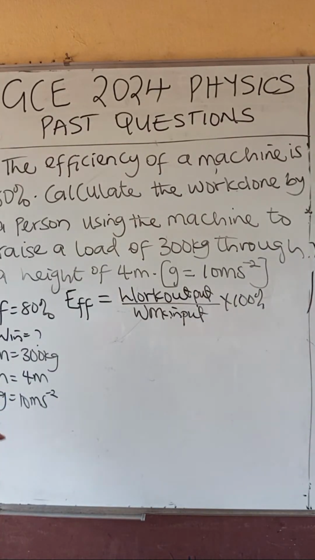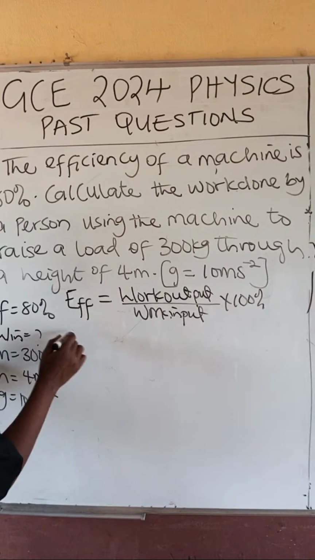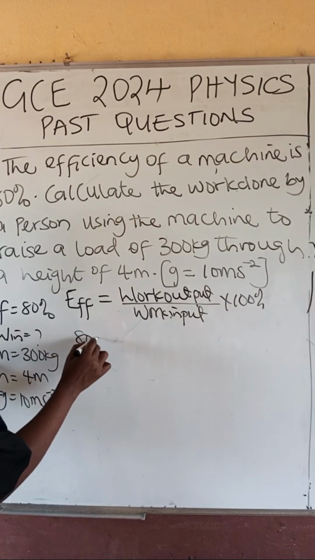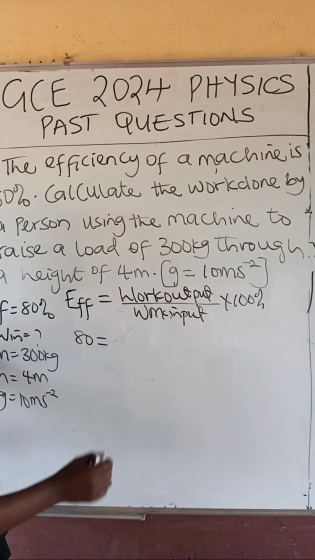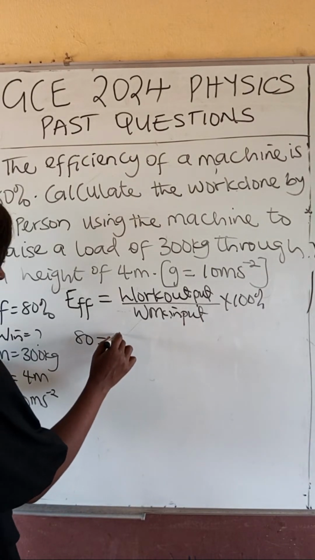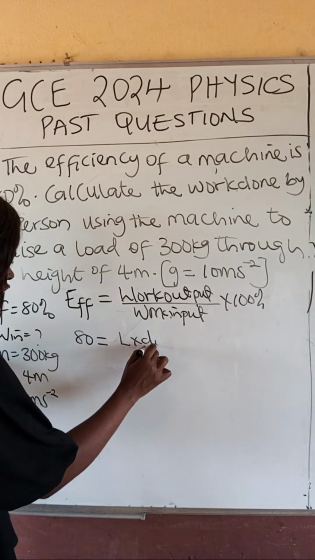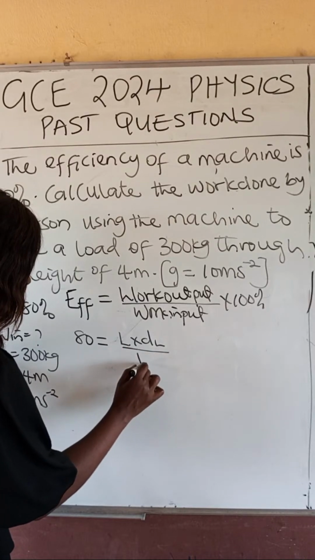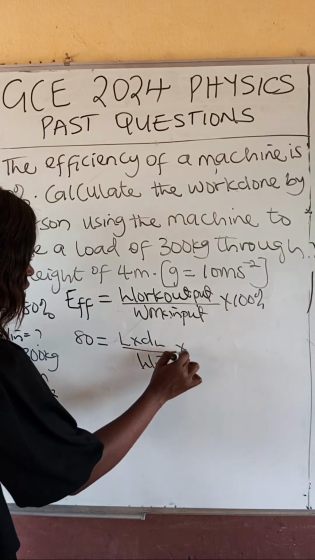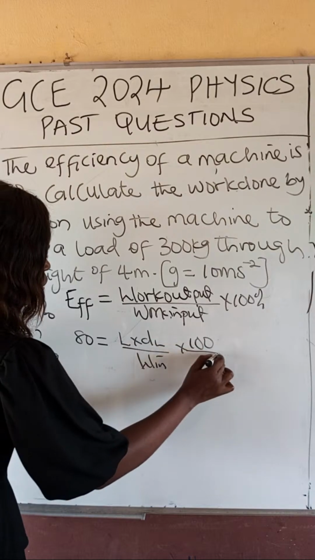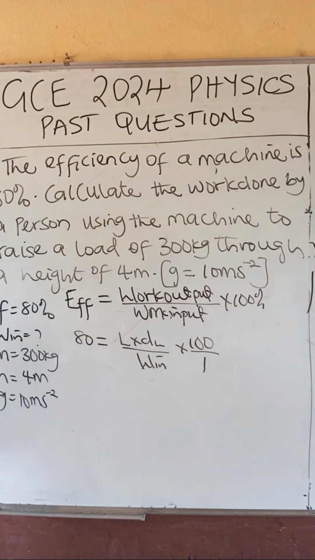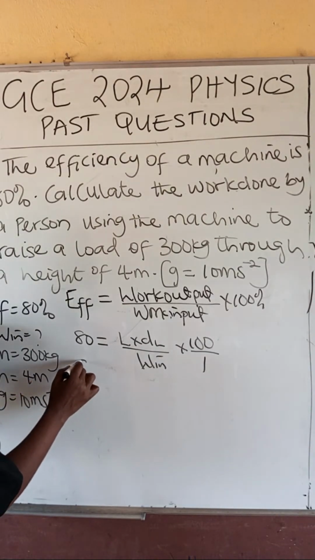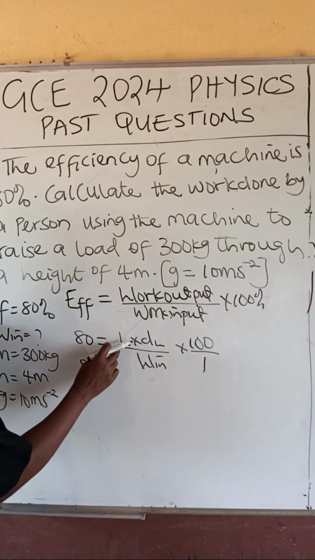All right. So looking at what we have, we put into our parameters. My efficiency is 80 is equal to load times distance moved by load divided by work input times 100 over 1, because I'm looking for work input. All right, 80 is equal to, what is load?